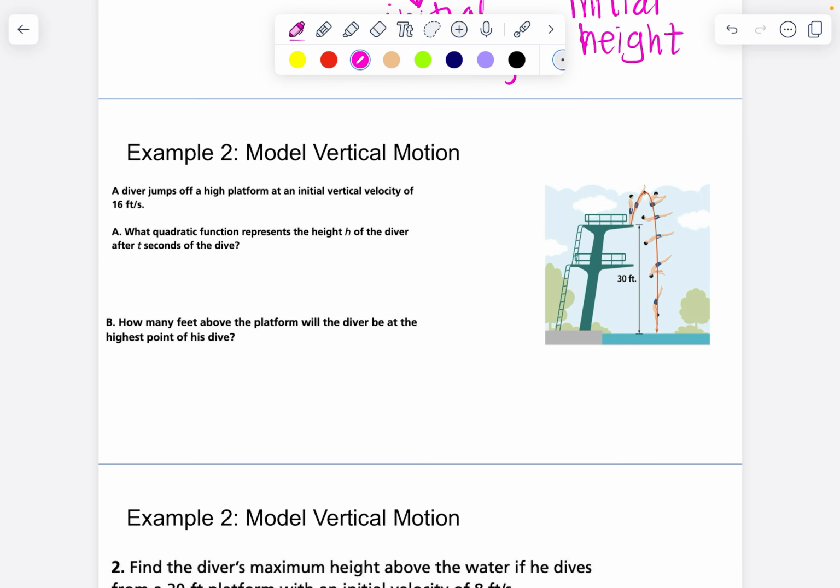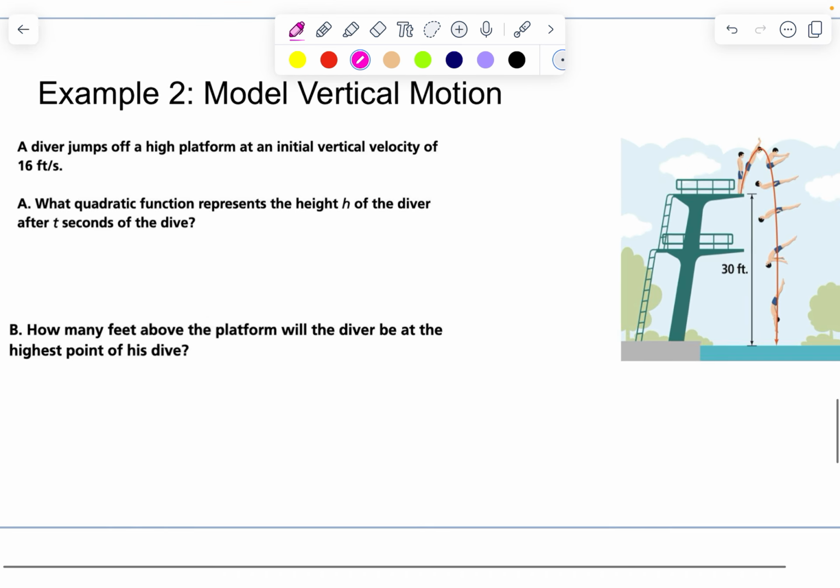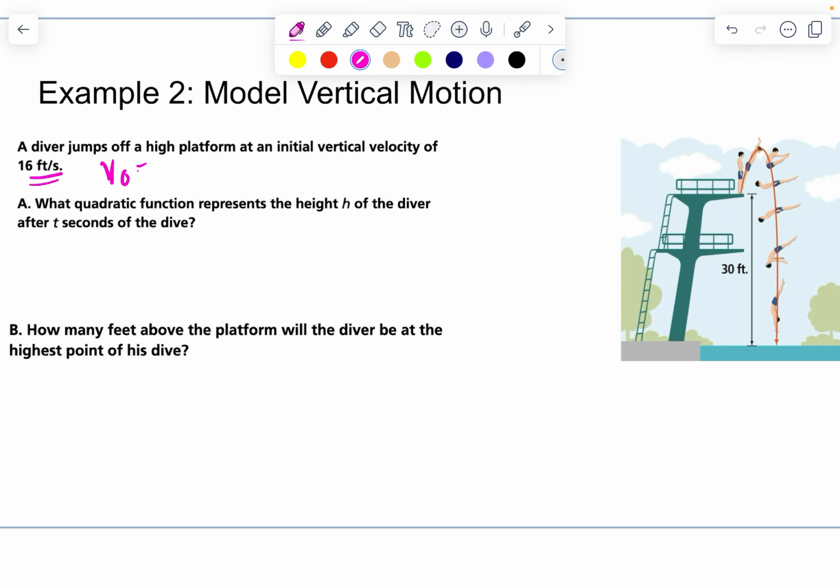So a diver jumps off a platform at an initial velocity of 16 feet per second. So our initial velocity is 16 feet per second. Our initial height, if we look at our picture here, it looks like these divers are 30 feet up. So our initial height is 30.